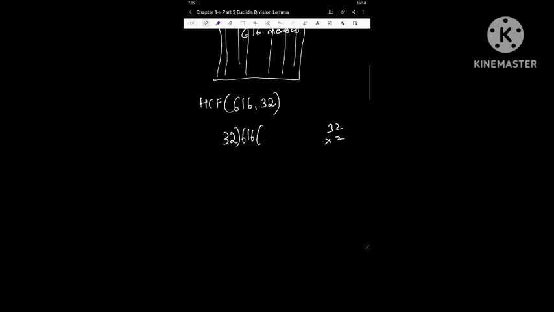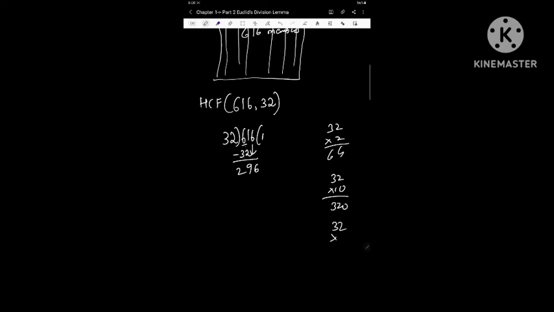32 twos are 64, which is greater than 61. So we'll take 1 times 32, and we'll be left with 29, and 6 is still remaining, so we bring this 6 down over here. 32 into 10 is 320, which is greater than 296.